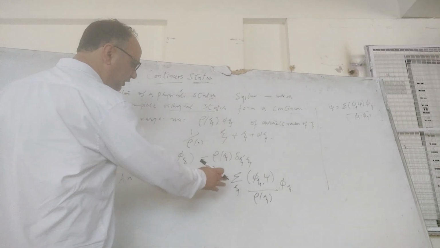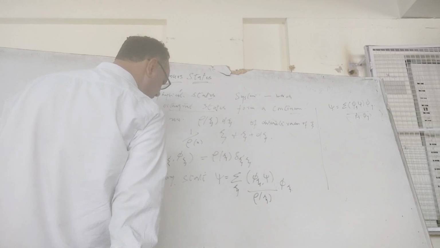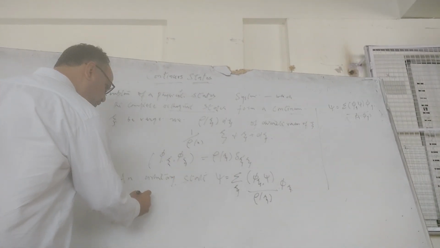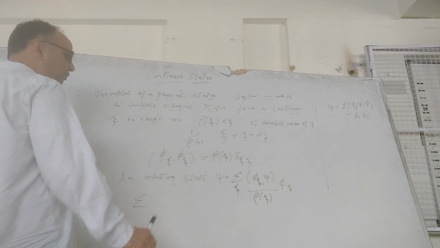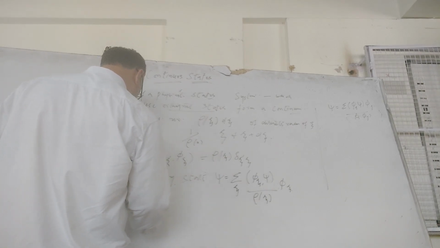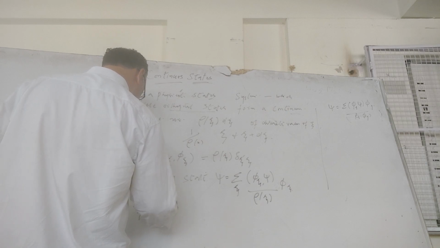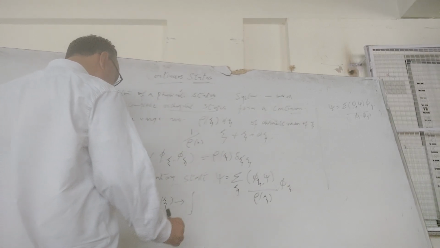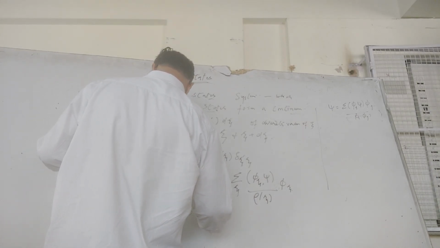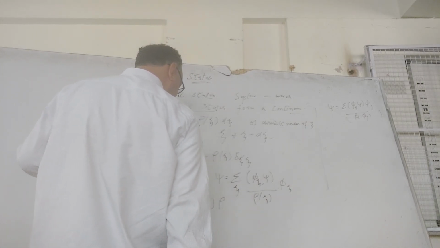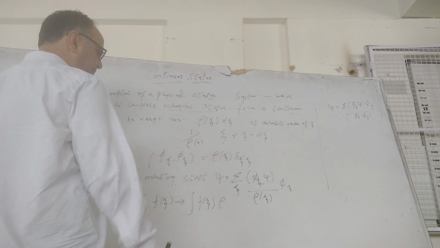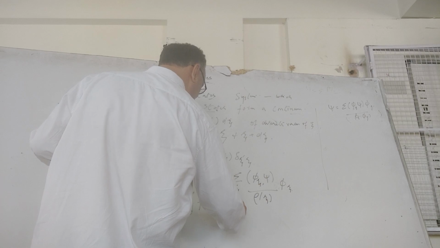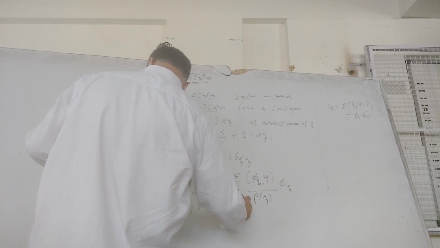If we want the integral form, how we represent state psi in terms of some function f of zeta, then the sum of f of zeta becomes the integral of f of zeta rho zeta d zeta.